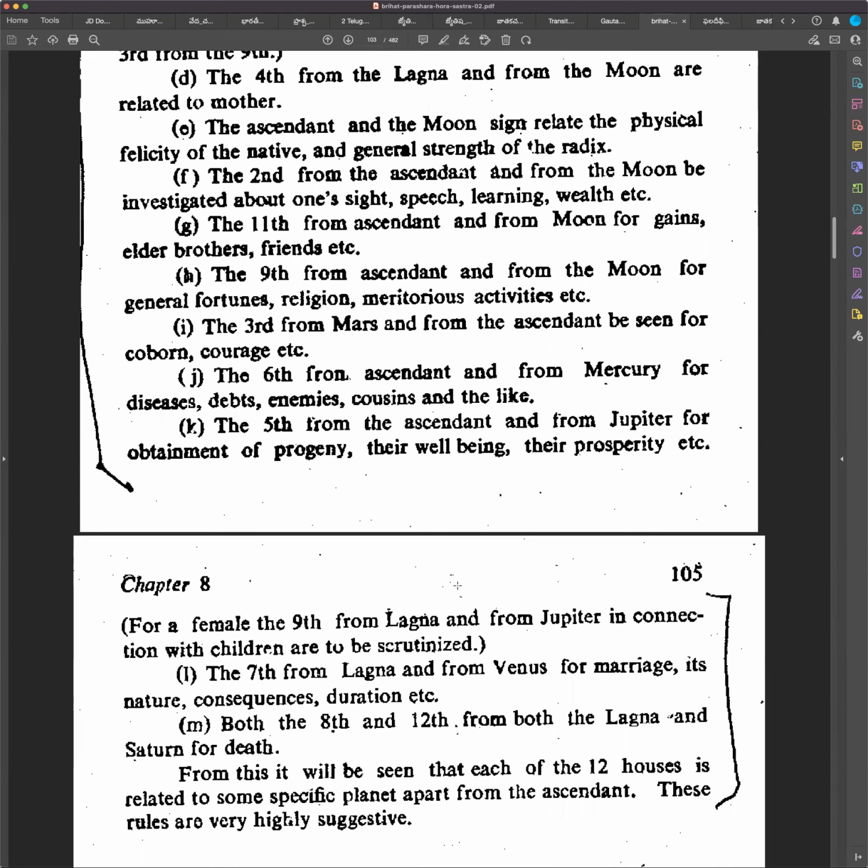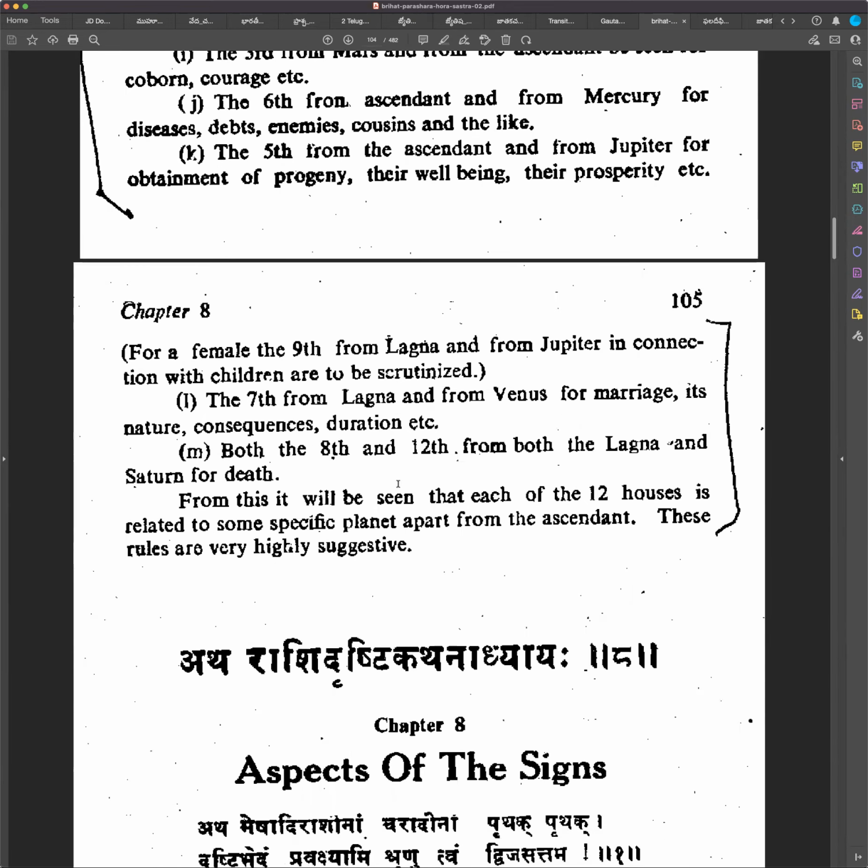It shows the indication of what is going to happen. Regarding Santhanam, see the 5th house from Jupiter as well as from Lagna. All these points are given, you need to see. With this, we have now completed the chapter Varga Vivekadhyay.